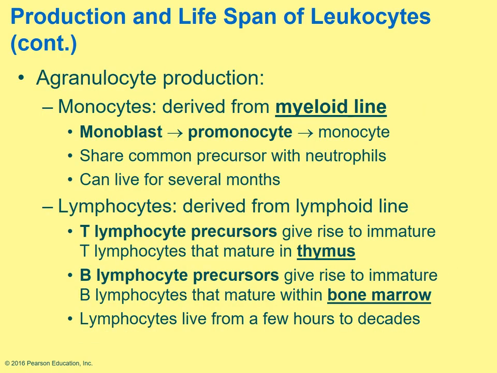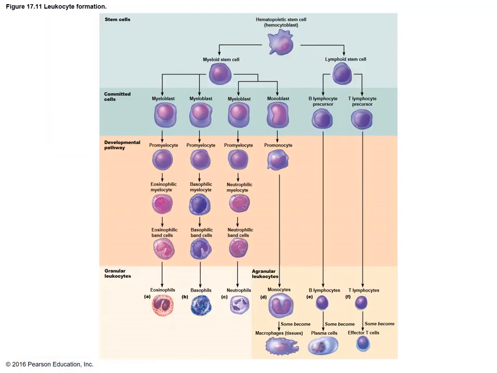The agranulocytes, the monocytes derive from the myeloid line, and then the lymphocytes, as I said, are going to be derived from the lymphoid line. The T lymphocyte precursors are going to mature in the thymus. The B lymphocyte precursors will mature in the bone marrow. And this table does show a breakdown starting with the stem cells.